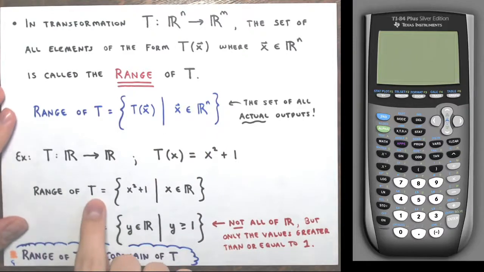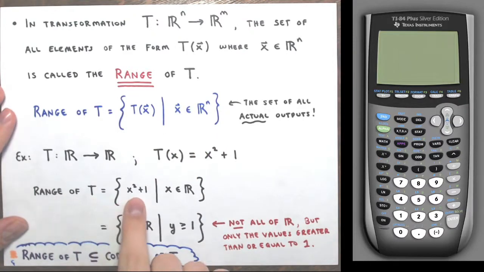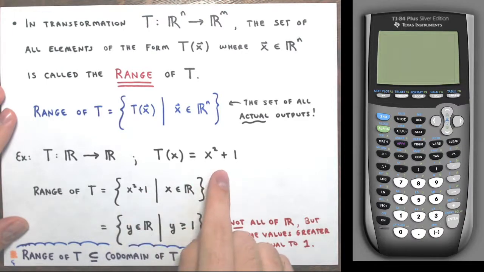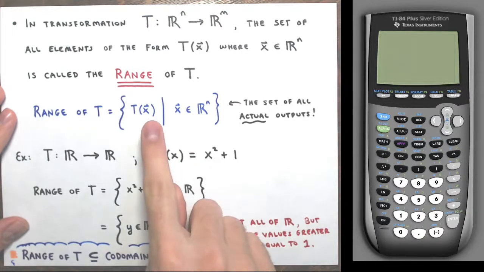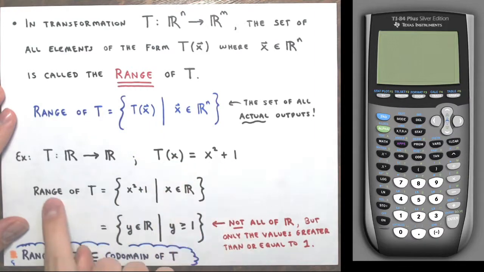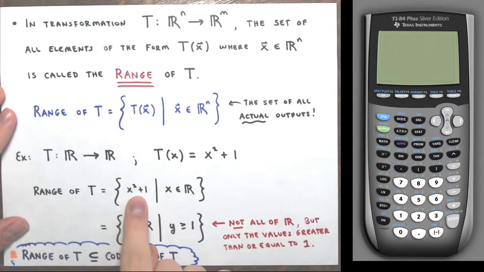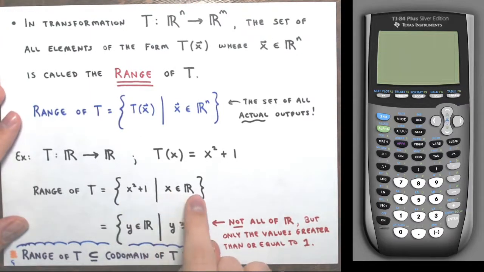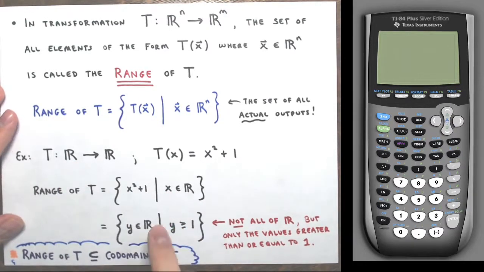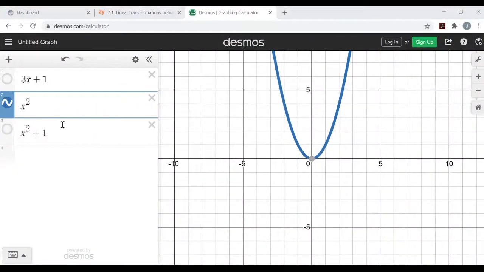The range of T is the set of all numbers that look like x squared plus 1, such that x belongs to the domain, such that x is a real number. Now, if you look at the picture of this on the coordinate plane, go back here. So here was T of x equals x squared plus 1.